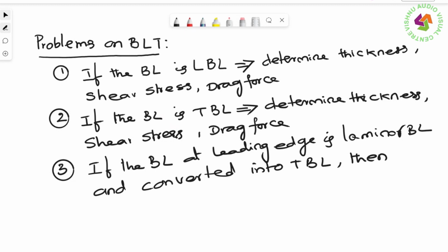Even the shear stress at a point, depending on where you are calculating it, use either laminar boundary layer or turbulent boundary layer formula.